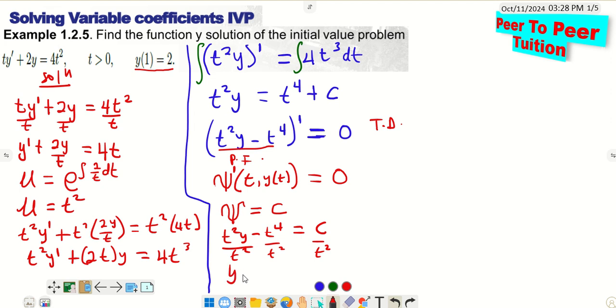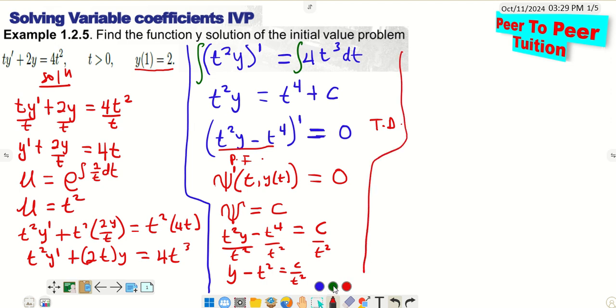I'll get y minus t squared should be equal to c on t squared. So this is what I'll get. I can make y the subject.